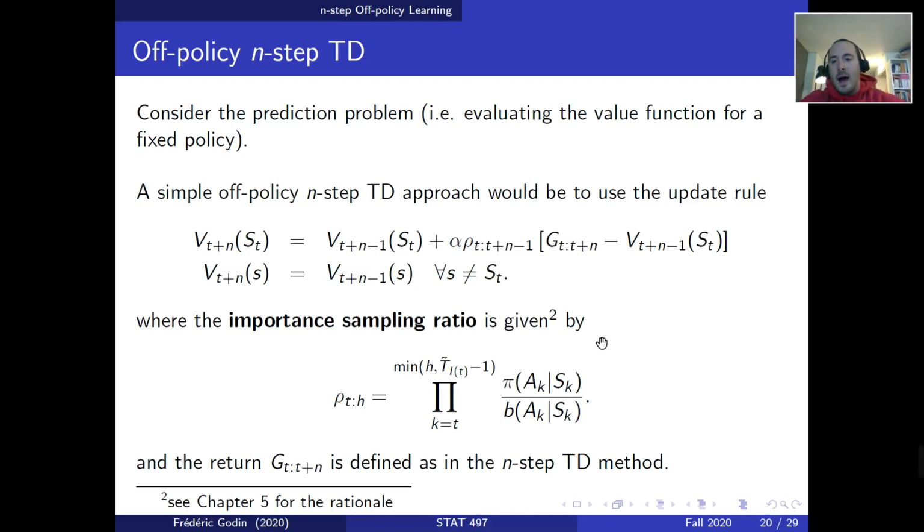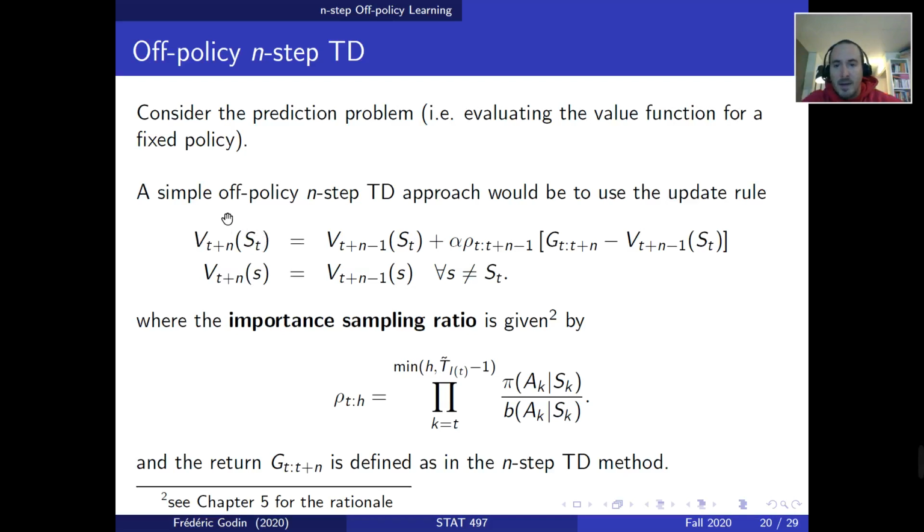At time t plus n, we're going to use the following update rule. For all states s other than the state visited at time t, no update is made. But for the state visited at time t, we're going to update its value through the following rule.